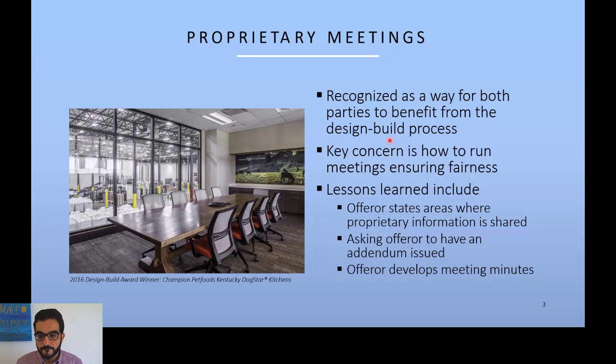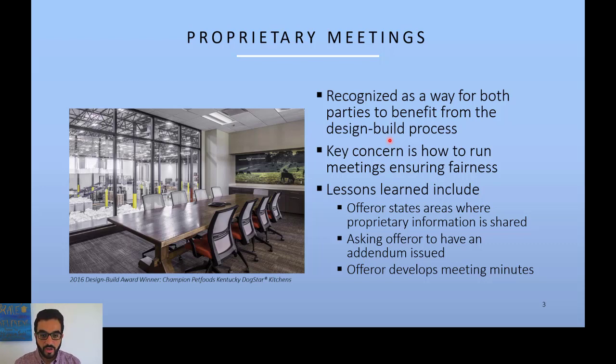First, ask the offerer to state what areas of their offer or proposal are proprietary, so we can have a box around it. When the owners start sharing information, they know that this box is not to be shared.